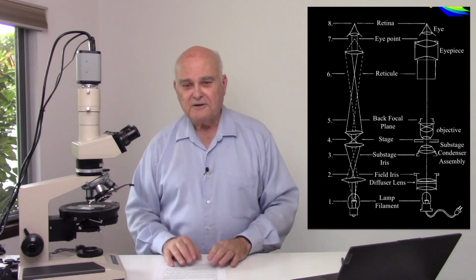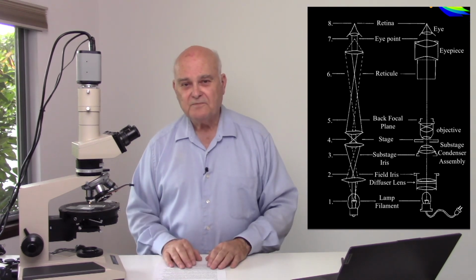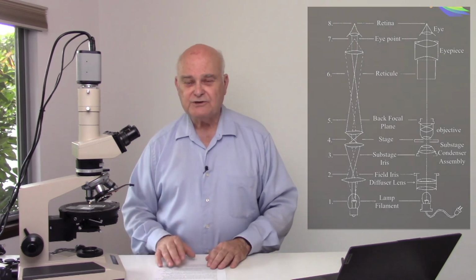So this is the beginning on Kohler illumination. We'll see some applications as we go further into this. We'll see why Zernike, for instance, might have won that prize in physics for his manipulation of plane 3 and plane 5.